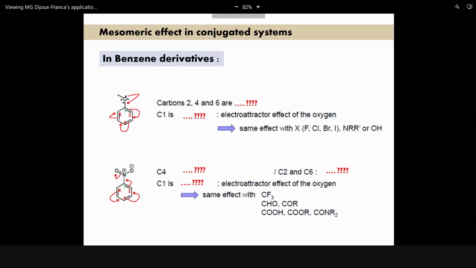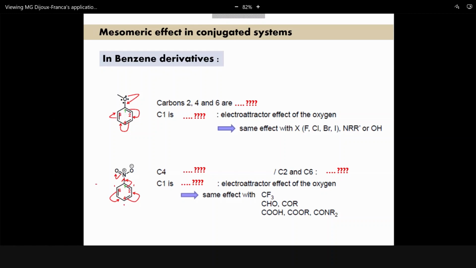Instead, in the opposite, if you have a withdrawing effect because of a mesomeric effect, for example, here, or also if you have an inductive effect, then you will have an increase of the chemical shift on the carbon here, here, and here.